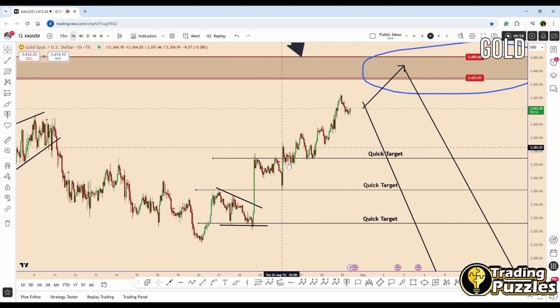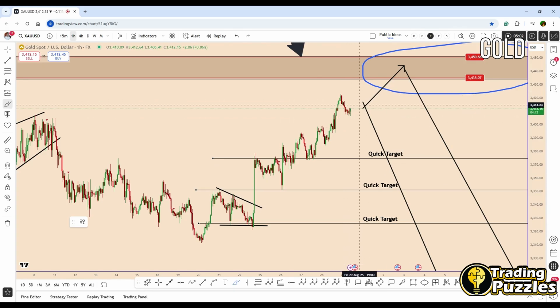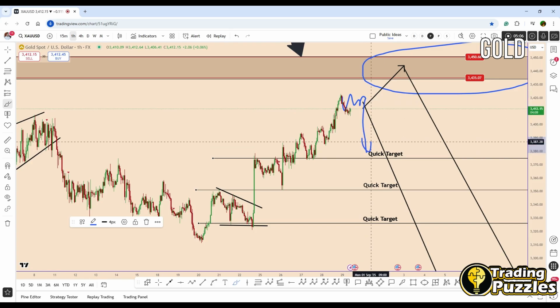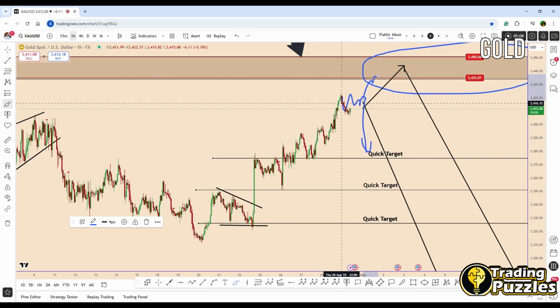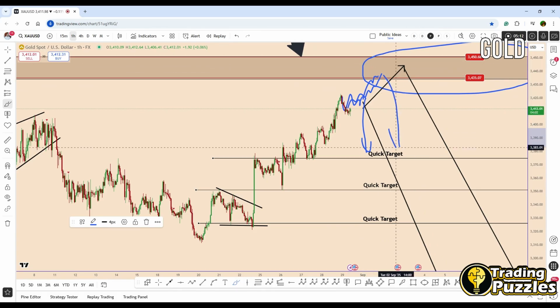It's just a market manipulation, in my personal opinion. We have to be careful because the reversal can happen somewhere in this area and it can drop, or it can move slowly up to the reversal zone and it can drop from this area 34, 35, 35, 50.